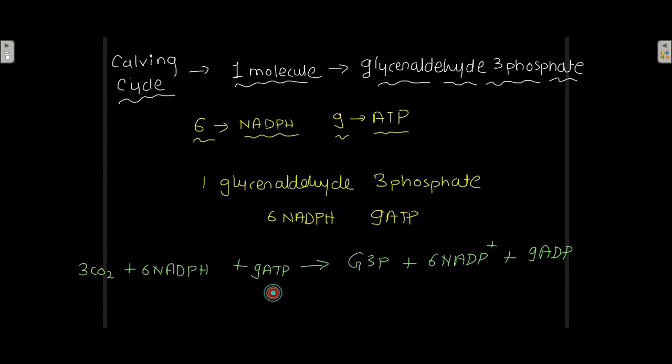By this equation we can represent the overall Calvin cycle: 3 carbon dioxide plus 6 NADPH plus 9 ATP will give one molecule of glyceraldehyde 3 phosphate, 6 NADP plus and 9 ADP. 3 carbon dioxide means 3 carbons give you a 3 carbon sugar, which is glyceraldehyde 3 phosphate. That is what the Calvin cycle is all about.